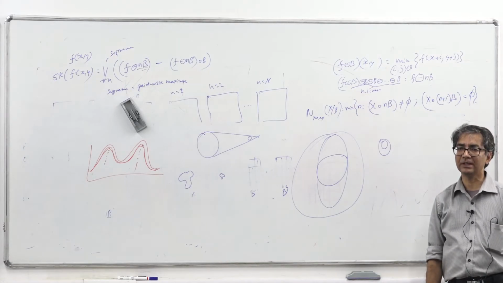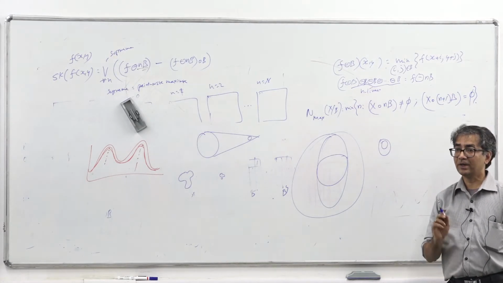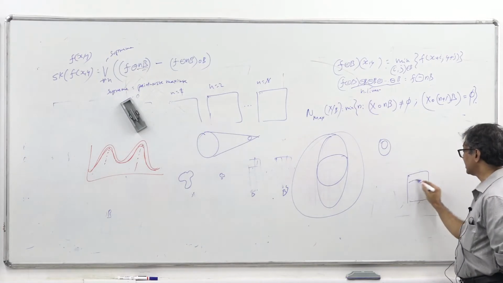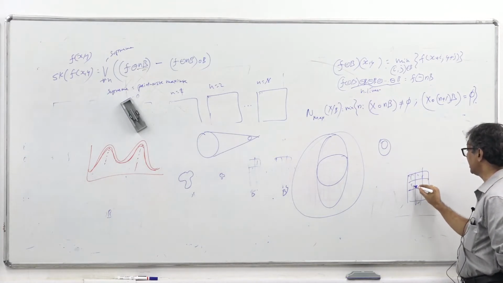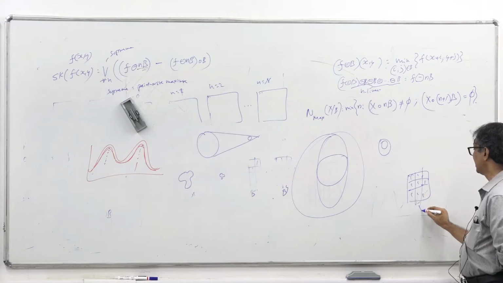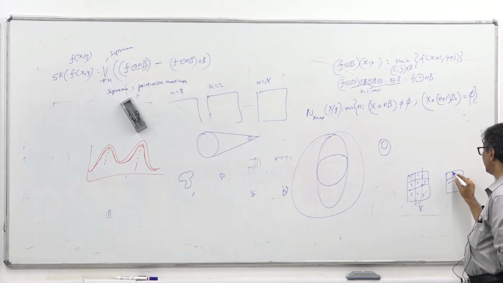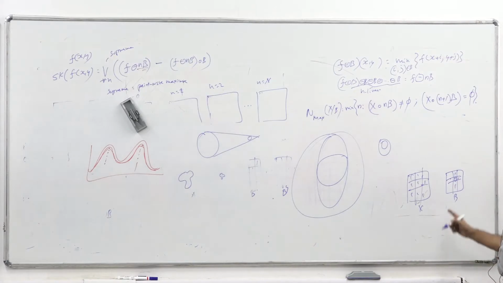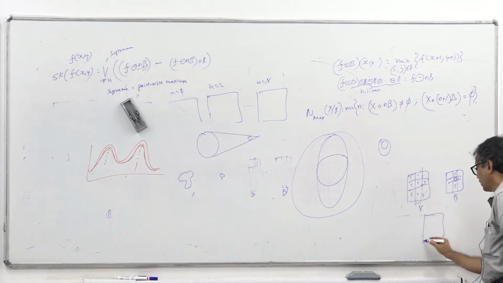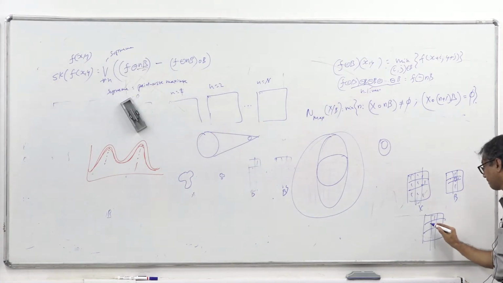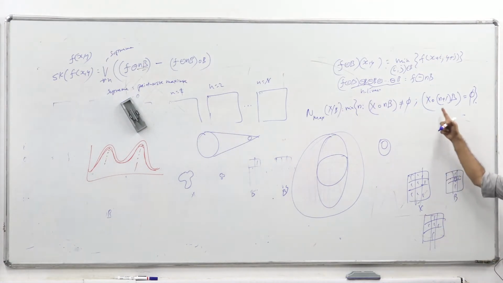with respect to B. Remember, when we looked at this simple 3 by 3 X with respect to this B, if you perform one cycle of opening, you get this, which is a non-empty set.